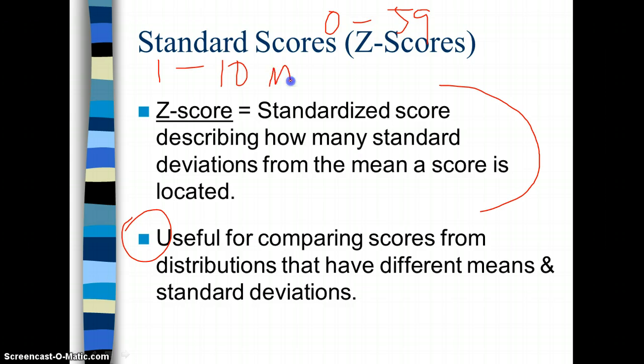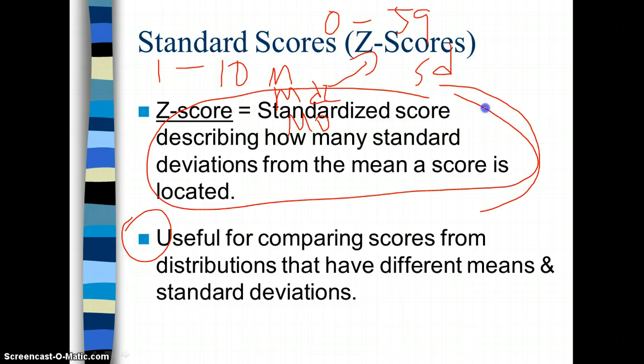And so the means, the medians, and the modes would be different for these two distributions. The standard deviations would be different, etc. Right? So you're trying to compare scores, but you're comparing them using the standardized score distributions that are articulated using standard deviations. So how many standard deviations from the mean?